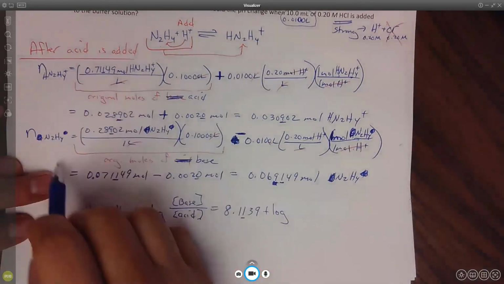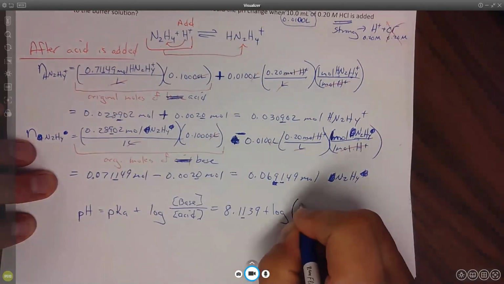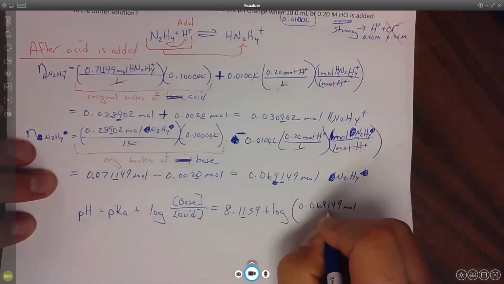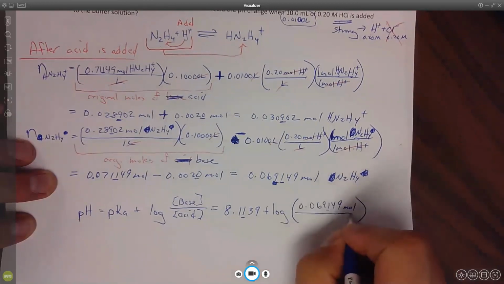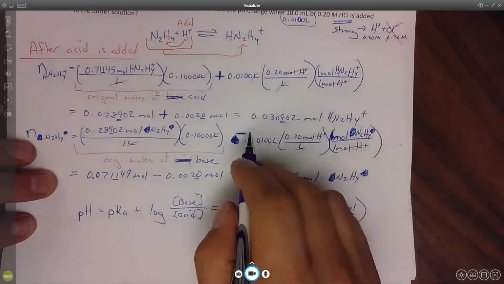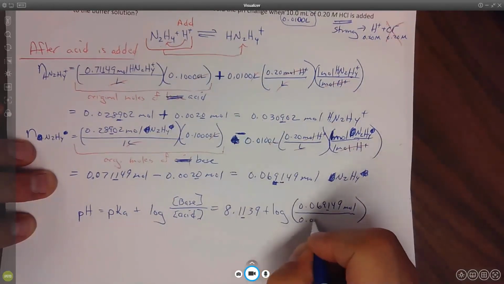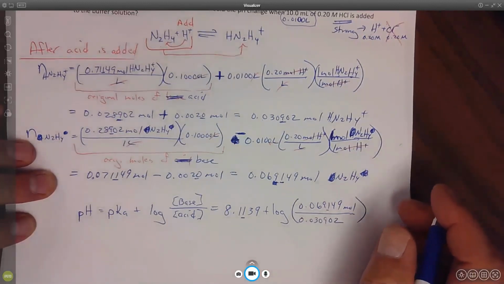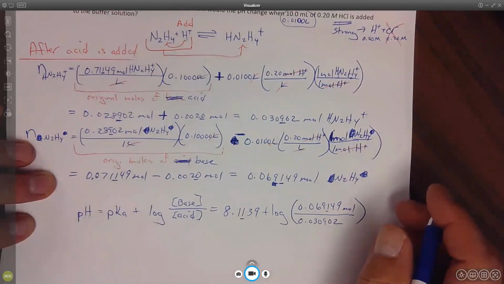So the base was our 0.069149 moles. And our new acid is 0.030902 moles.